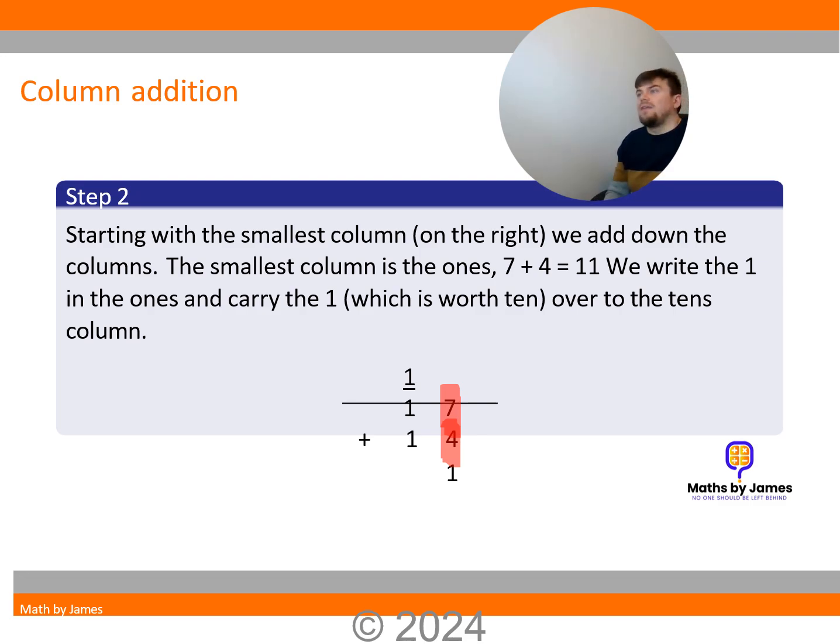So we know 7 add 4 is equal to 11. So we have 1 in the ones. But because we can only fit 9 ones into the ones, and then we go into the tens, we then need to carry a number over. So we've got 10. So that just means we've got another 10 in the tens now.